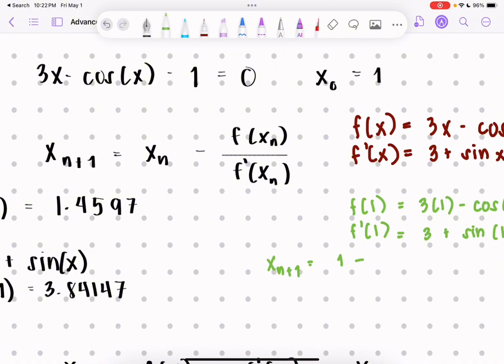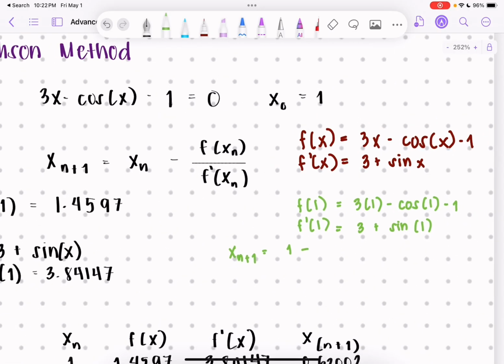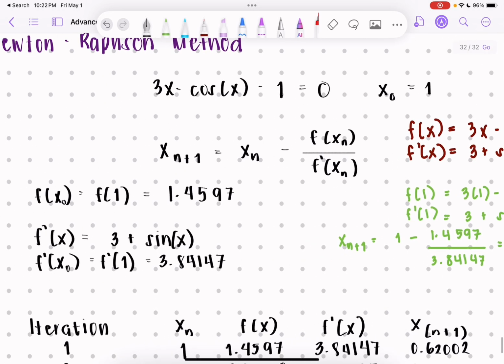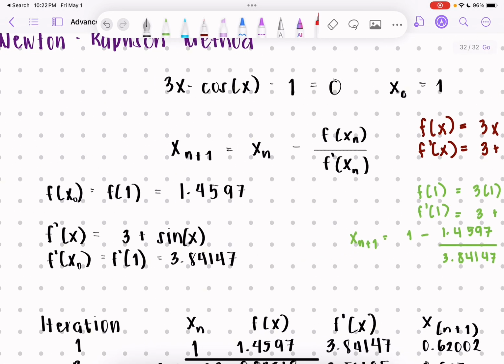Subtract that with our f of x, which is 1.4597, divided by f prime of x, which is 3.84147. That is equal to 0.62002. So that will be our value for x of n. Now we have our first iteration right here.